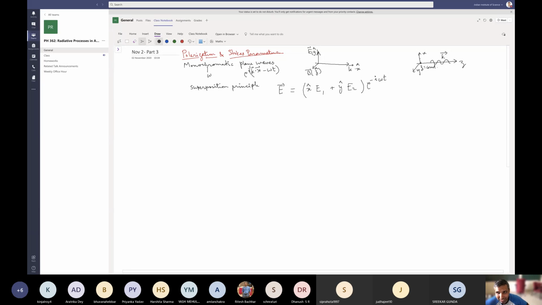So it need not always be in the x direction or y direction. It will be in that plane. And this is the general form of the electric field that I measure at a given position. It will have some component along x, some component along y, and these are the amplitudes of those.